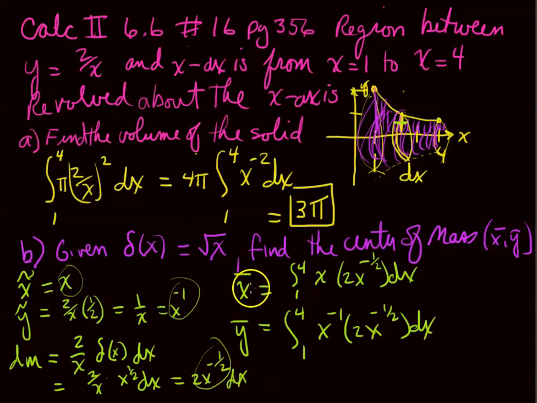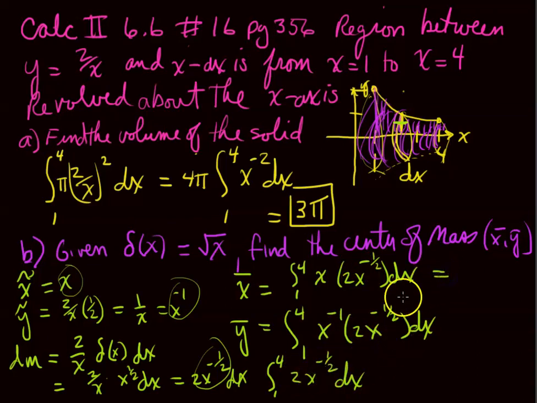Now this is not completely y bar and x bar, because we need the integral of dm. That's the integral from 1 to 4 of 2x to the negative 1/2 dx. Once again, this is just going to be polynomials with maybe some negative exponents, and I'm hoping you can do all that, no problem.